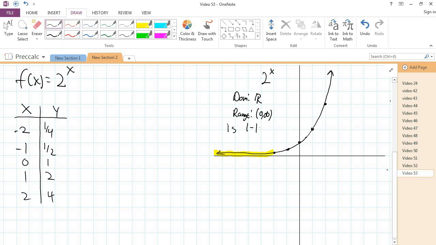And because it's 1 to 1, it has an inverse. So let's talk about that inverse.